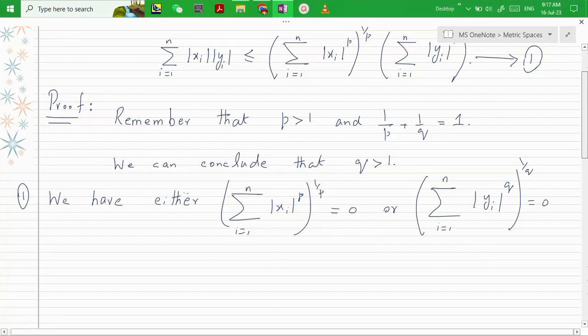We name the first quantity capital X, and the second one capital Y.